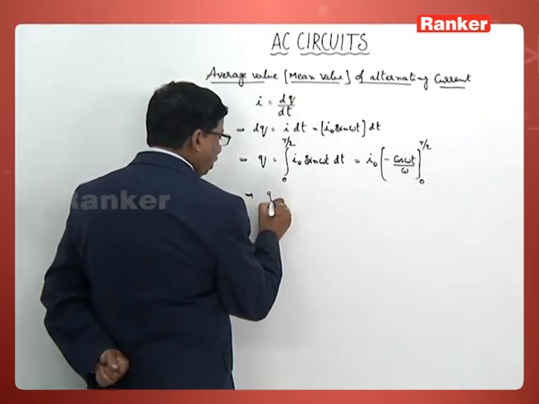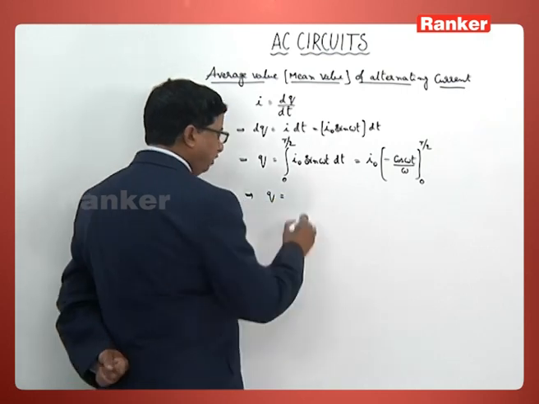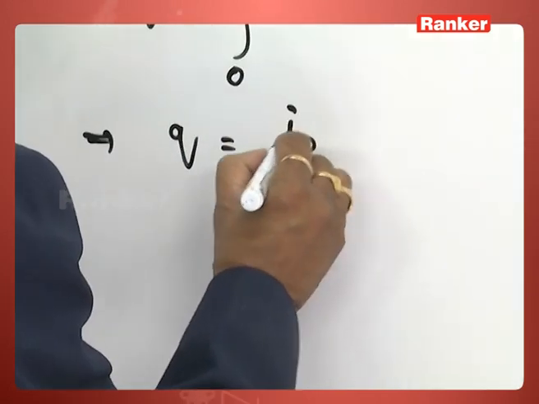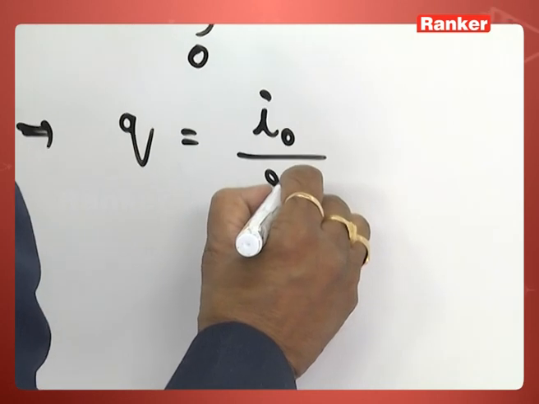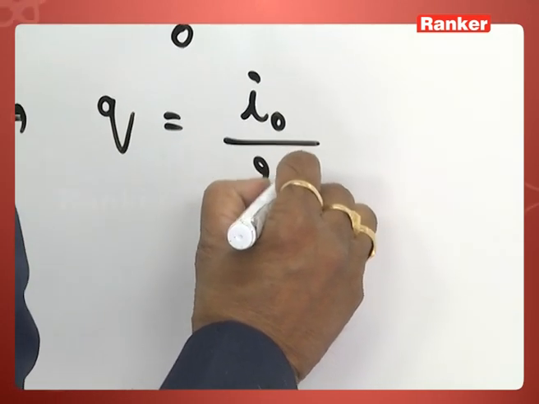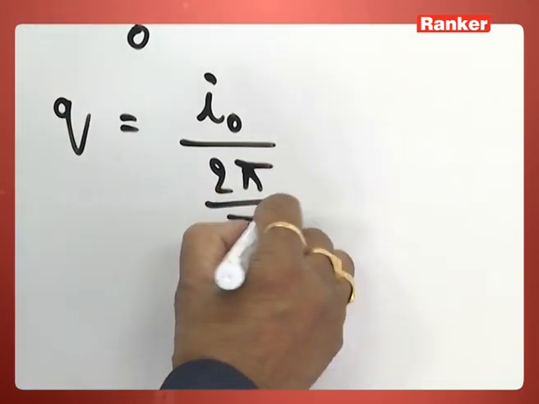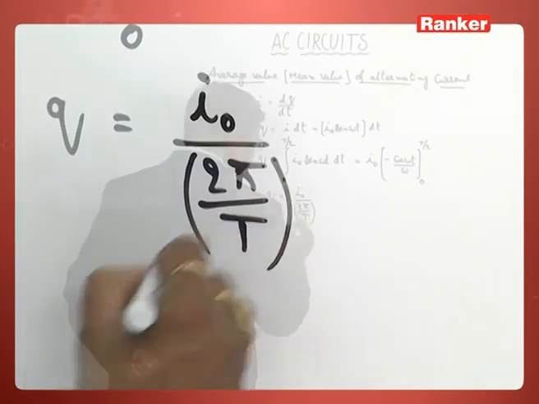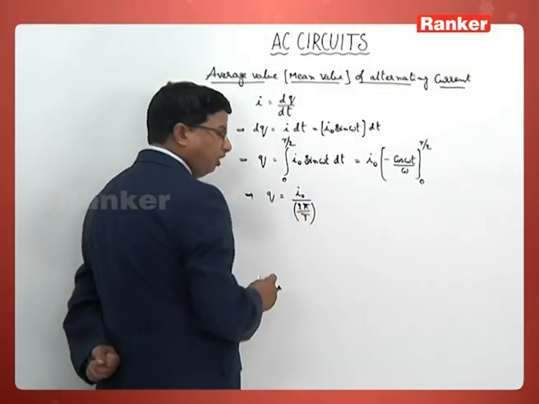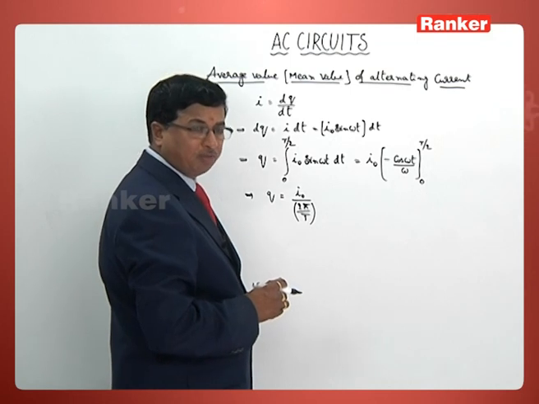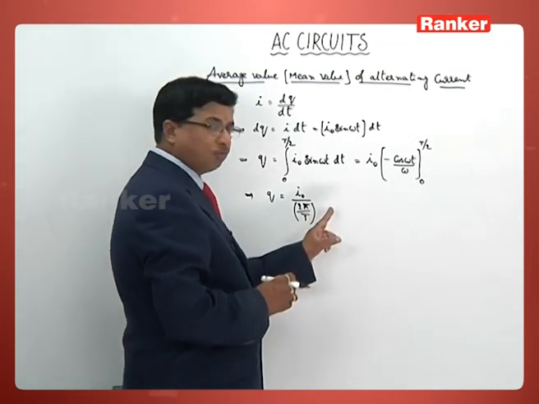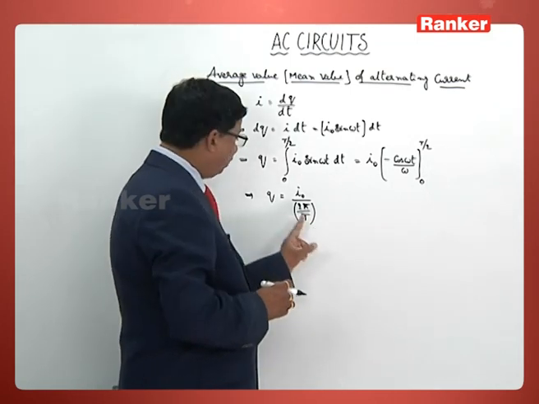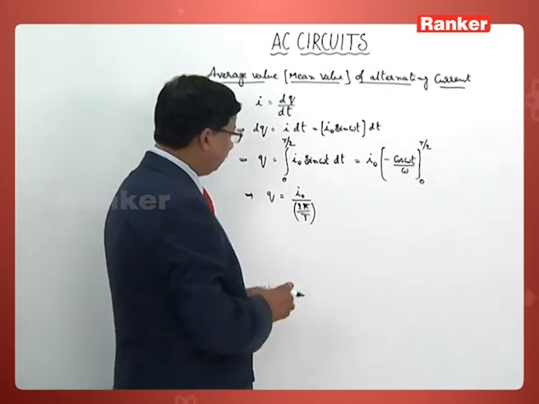Q now becomes I naught by 2 pi by T, which I can write in place of omega. We can understand well omega is angular frequency, that's 2 pi by T, where T is called the time period.